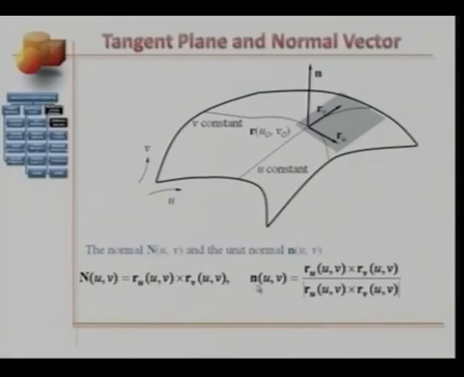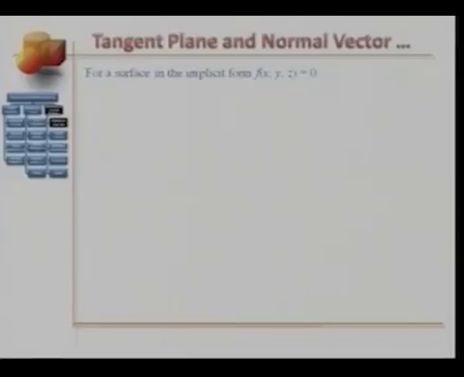Of course, the unit normal will be this cross product divided by its magnitude. At a regular point, the normal to the surface is well defined. Let's see what happens for surface patches given in implicit form. In other words, for equations f of x, y, and z equals 0.